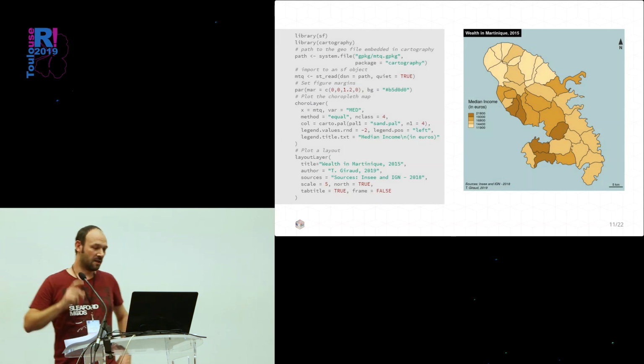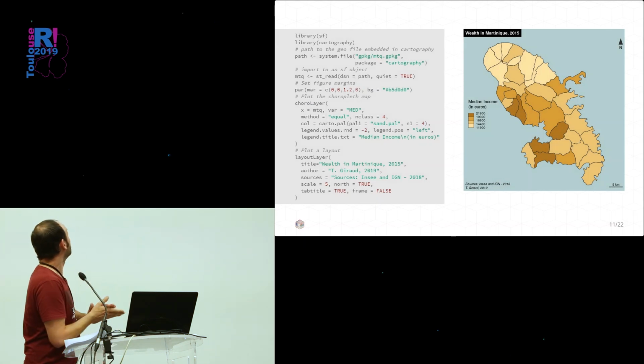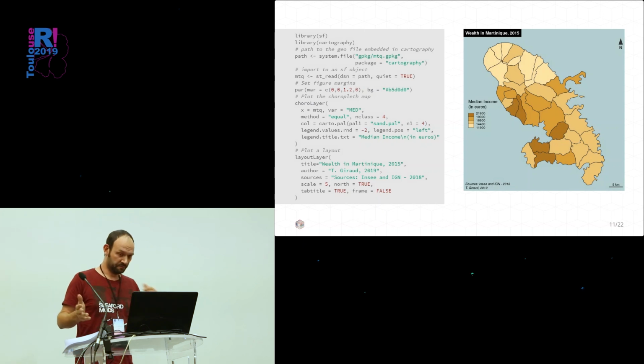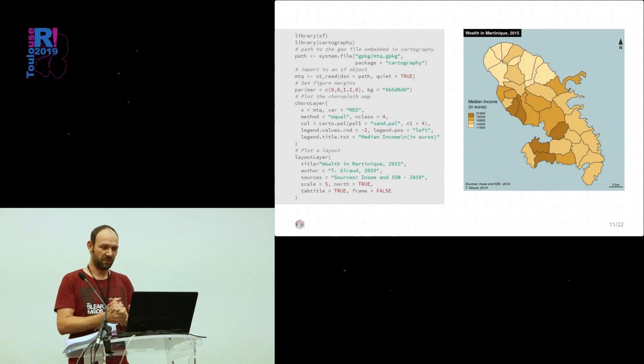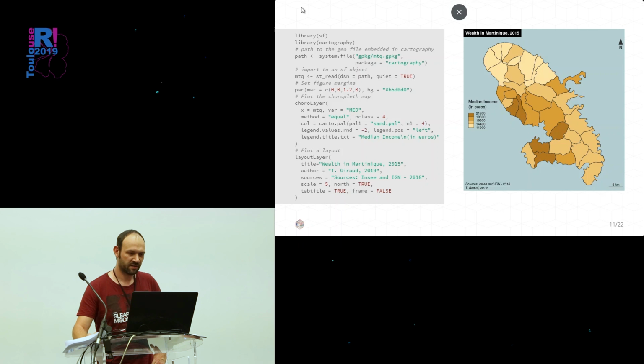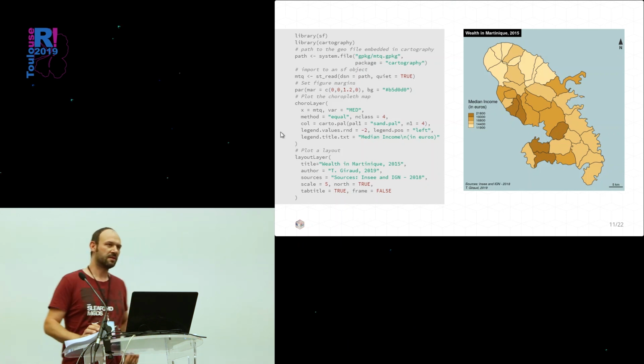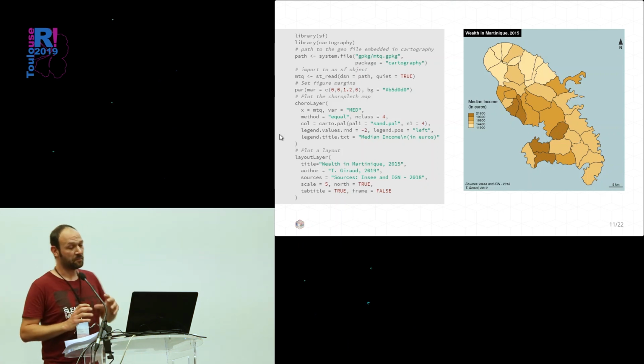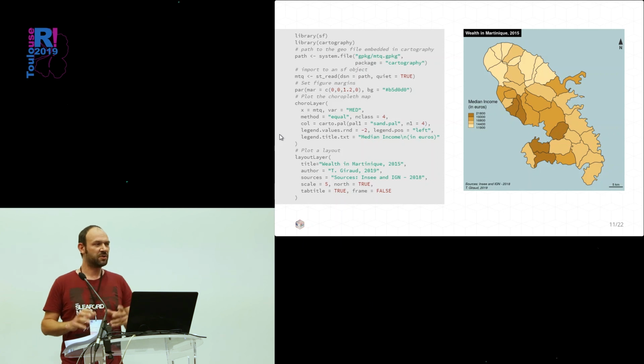So here is a complete example of one map. In the first line, you import a spatial object with the sf function st_read. Then the main function here is choroLayer, which takes the spatial object. We represent one variable, med, which is the median income.